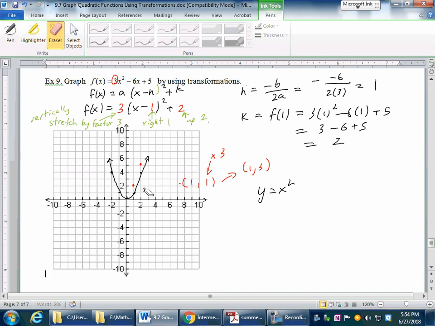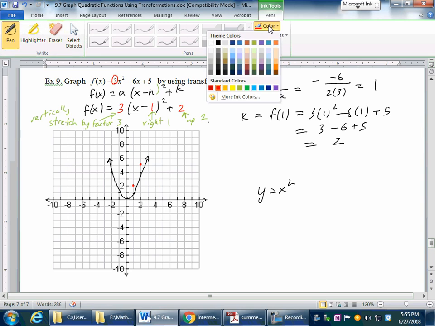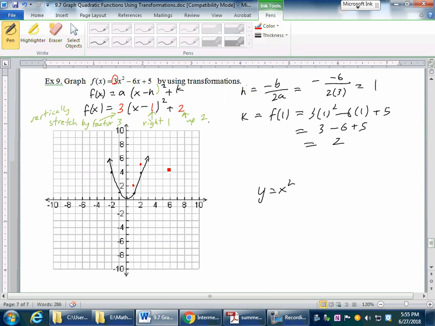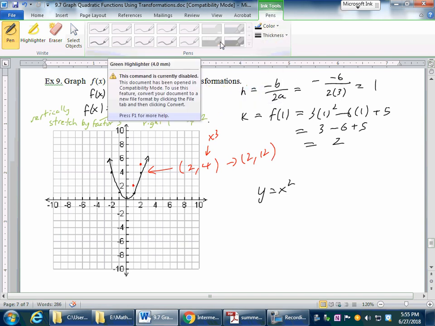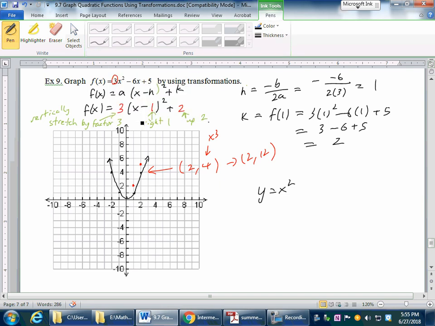So next, moving on to the point right here, that is (2, 4). And we are stretching by a factor of 3, so multiplying the y value by 3. So this will become (2, 12). That will be way out of the graph right now. So (2, 12) is way up here.